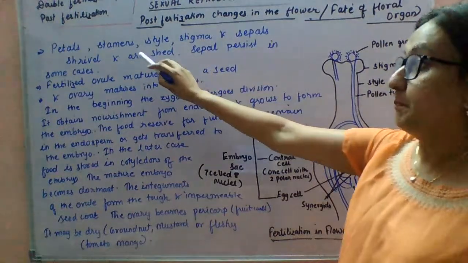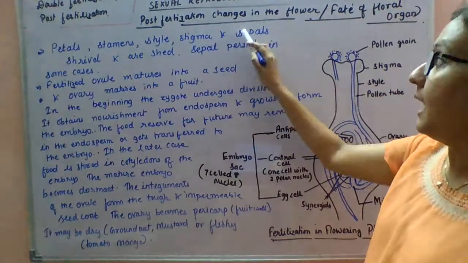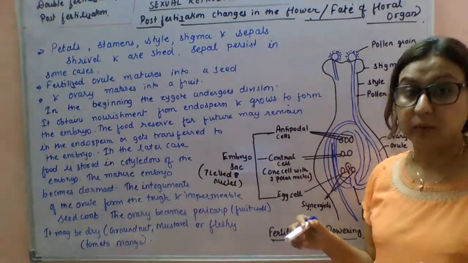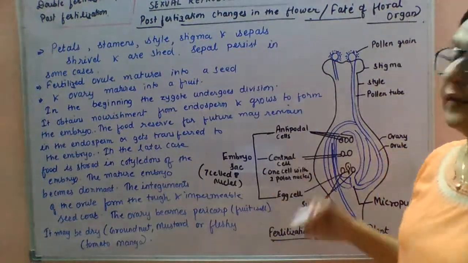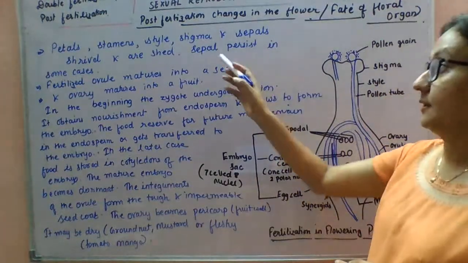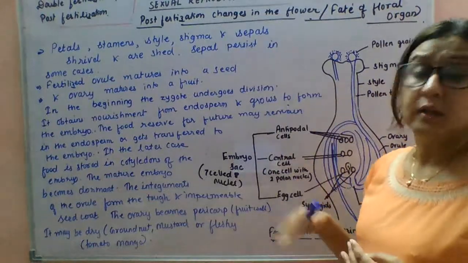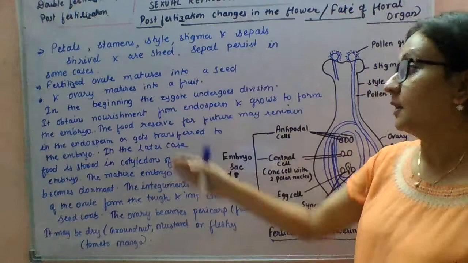The petals, stamens, style, stigma and sepals shrivel and are shed. Or you can say they degenerate, wither off, or fall off, anything you can write. Sepals persist in some cases. In some cases they fall off, but in some cases they persist.